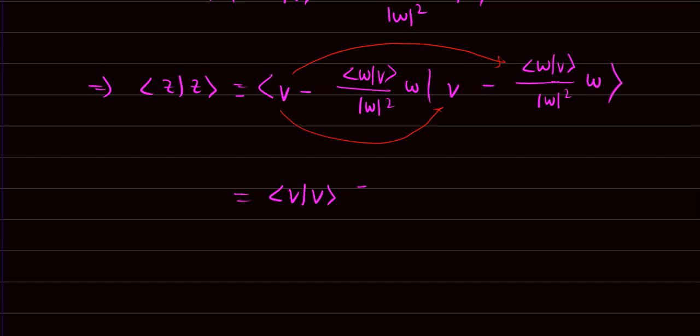It will give us omega V, omega square will be here, and V W, right? Not omega, I'm very sorry.